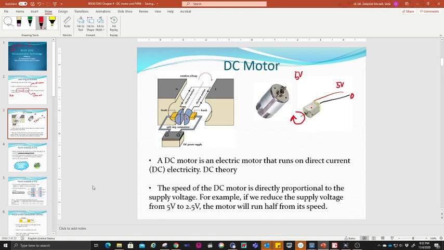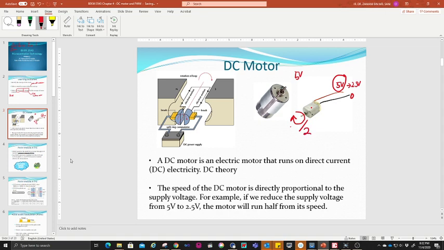So the statement says that the speed of the DC motor is directly proportional to the supply voltage. For example, if we reduce the supply voltage from 5 volt to 2.5 volt, the motor will run at half its speed, so the speed of rotation will be divided by 2.